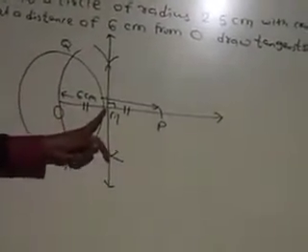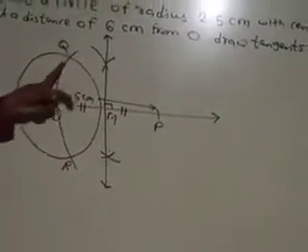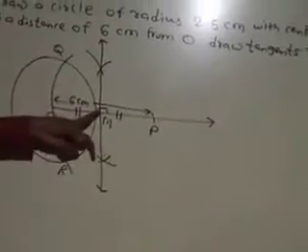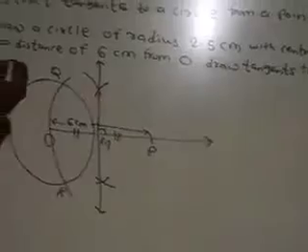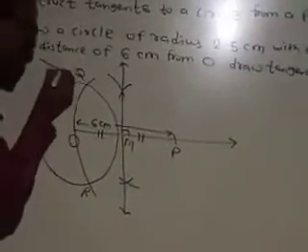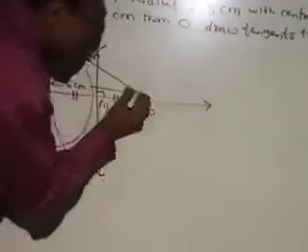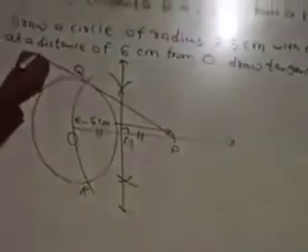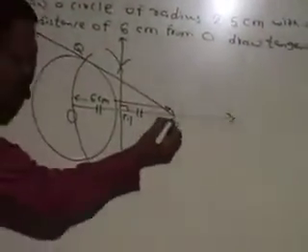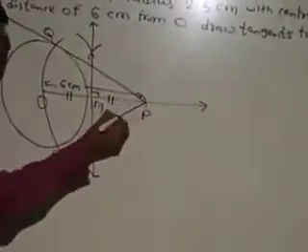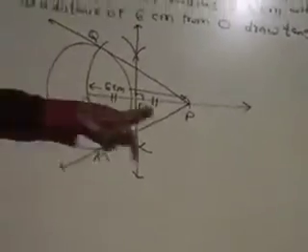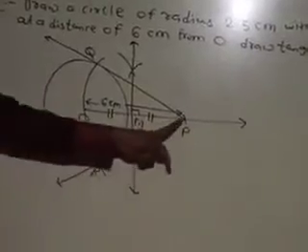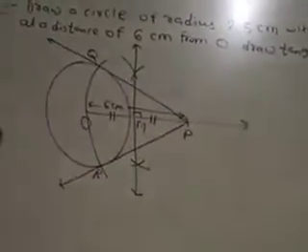Then from P, make the line PQ. This is the first tangent from point P to the circle, and the second is from P to R. This is the second tangent. These are the 2 tangents from the point P to the circle.